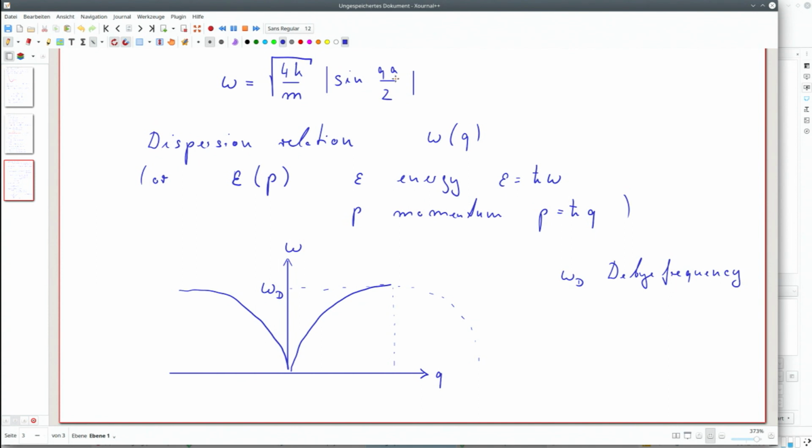So this is qa over 2, so the corresponding q vector is pi over a. Is it 2 pi over a or pi over a? In my notes I have 2 pi over a, but I think it's pi over a.